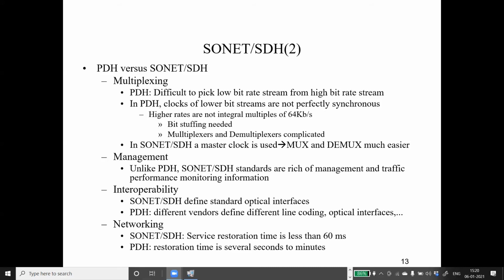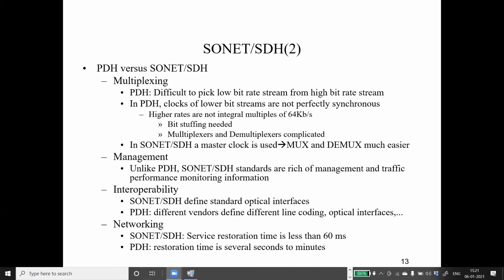But presently, if I'm using one particular system, I can quickly transfer to another system. That is because the standards are followed, and whoever the service provider is, they have to follow the standards, so that the customer has an advantage and can select the services of whichever vendor is better.